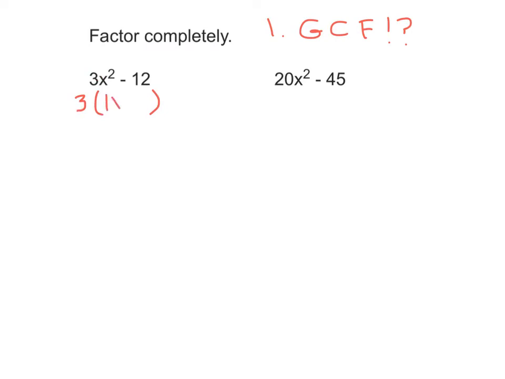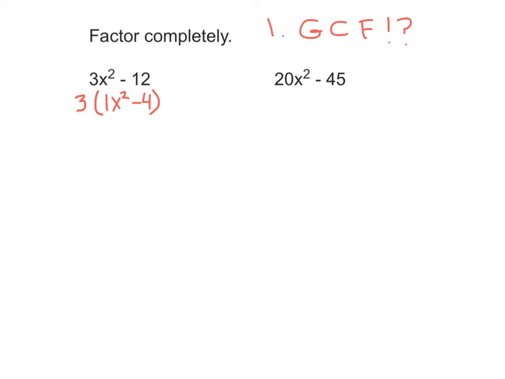And we did not factor any x's out, so we still have x squared. Then when we factor a 3 out of the negative 12, negative 12 divided by 3 is negative 4. We didn't factor out the negative. So at this point in the parentheses, we have 1x squared minus 4 because we factored this 3 out.